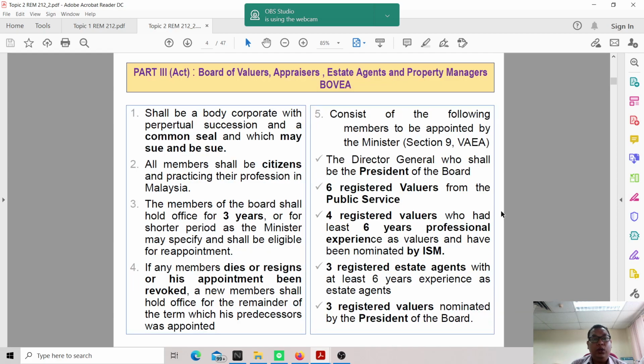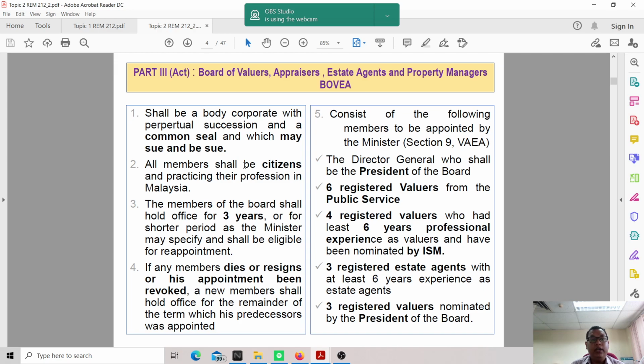Okay, so Part 3 of the Act, Board of Valuers, states the information of the board, whereby the board must be a corporate body with perpetual succession, meaning they continue perpetually, with the president of the board and the members of the board, and they have a common seal and can sue and also be sued.